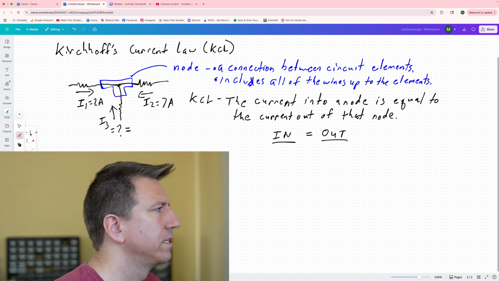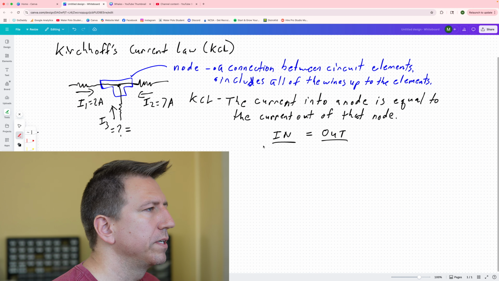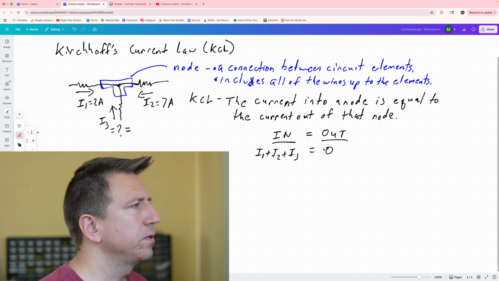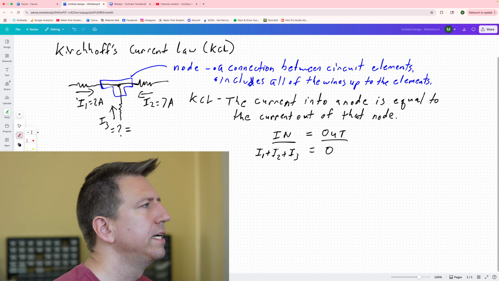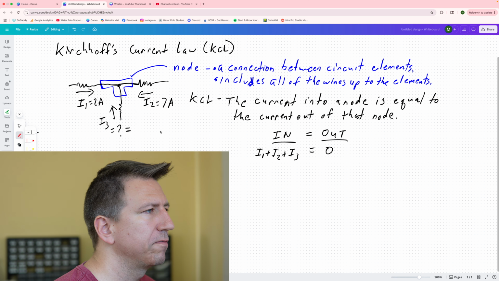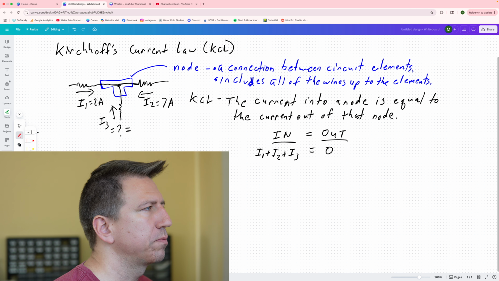In this case, we would have all three of them pointing in. So I1 plus I2 plus I3 is equal to 0. Now note that the circuit hasn't changed. I still have 7 amps coming in from the right and 2 amps coming in from the left. So I know that there are 9 amps flowing out the bottom, flowing downwards. But this arrow is pointing upwards.